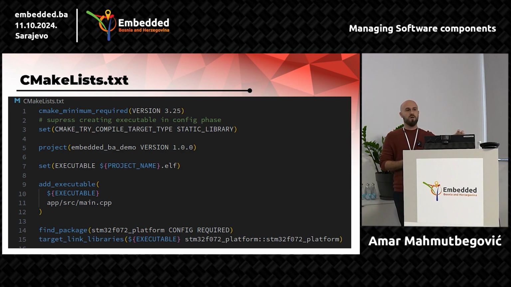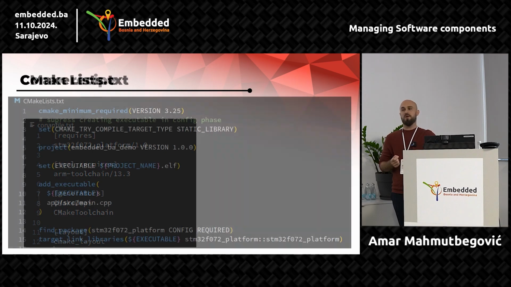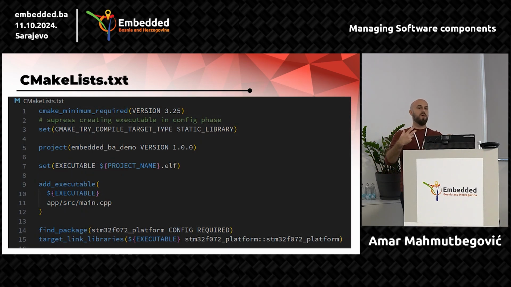A moment ago we said that find_package requires something external to provide places where to look when it comes to finding packages. And that external in this case is Conan. So that generator, CMakeDeps, will generate everything that's needed for CMake to be able to find this package.